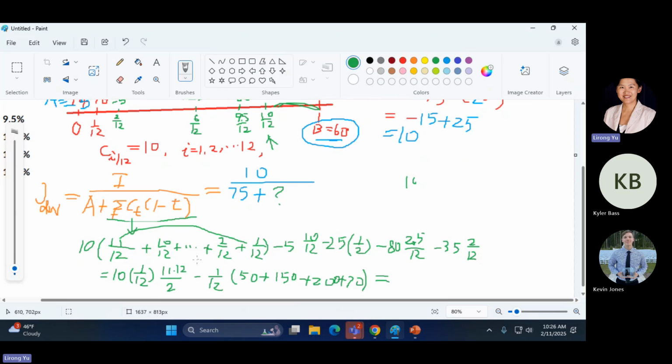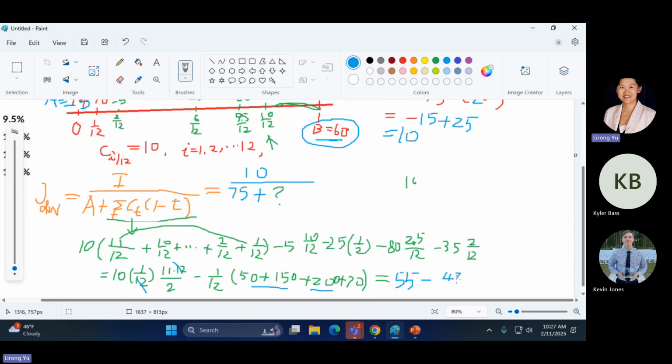All right, what's this exactly equal to then? All right, so we can cancel the common factor of 12. So that will be 55 minus 6, that's 200, that's 200. So it's 470.